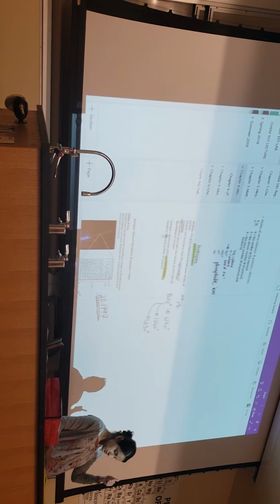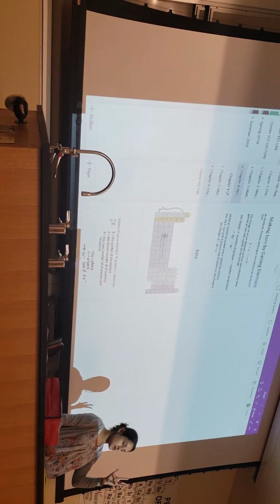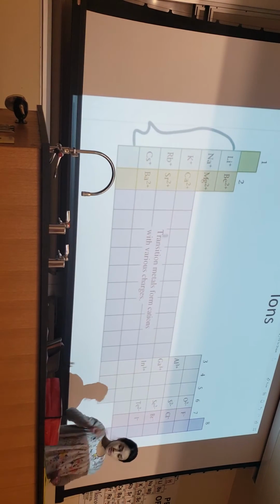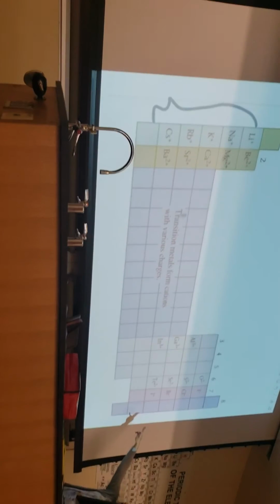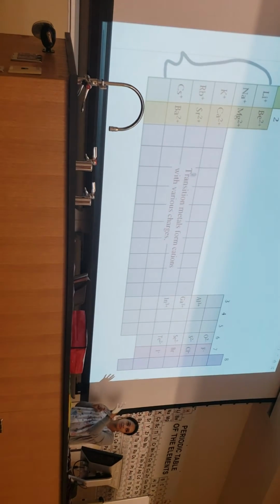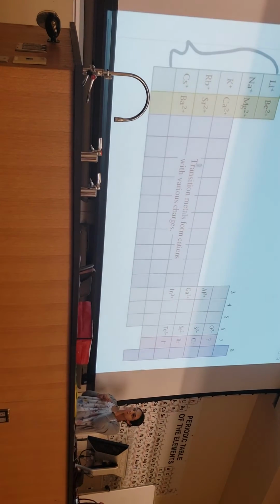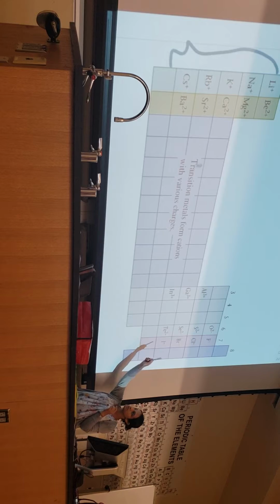Okay, so we know isotopes, we know protons, neutrons, electrons. Now, when we look at charges, you have to know your names for each group. You have alkali metals, alkaline earth metals, the halogens, the noble gases. The charges will come into play in chapter 5. You need to know that group 1 metals like to be +1, group 2 +2, group 3 +3.